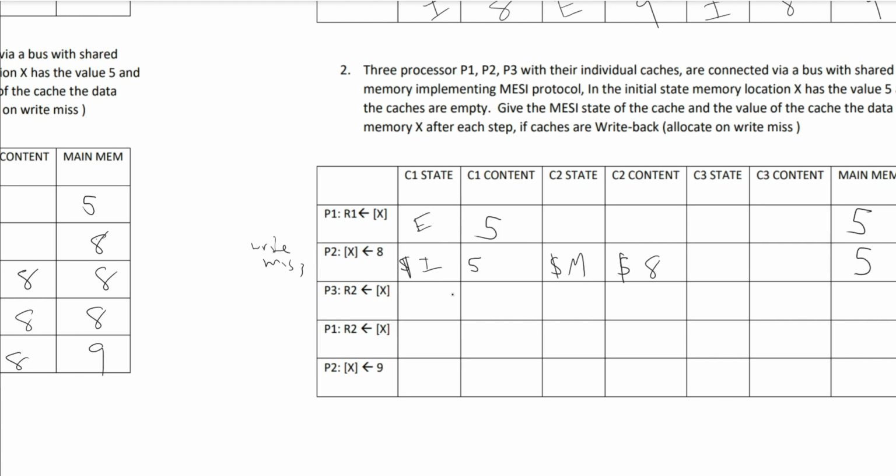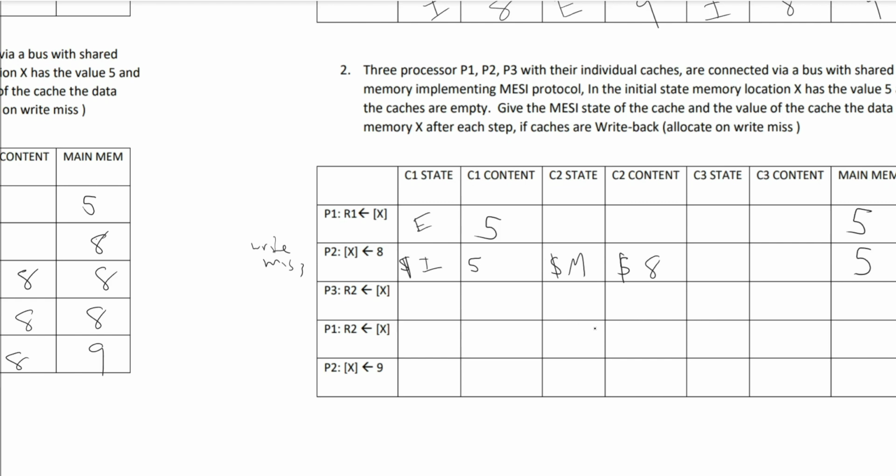So then processor 3 is going to do a read. The other caches will snoop. And then this one has modified data.